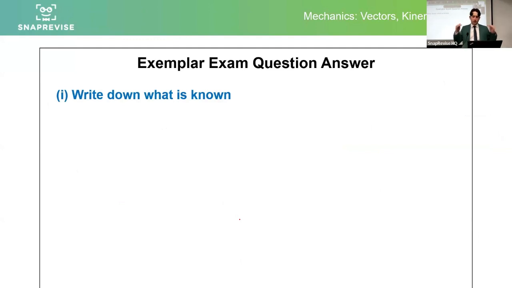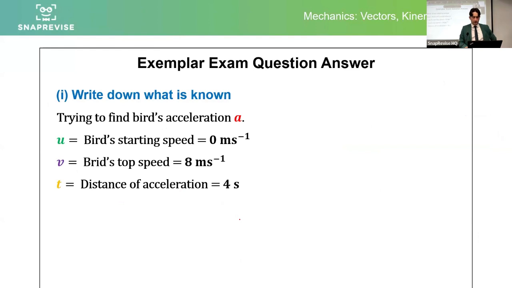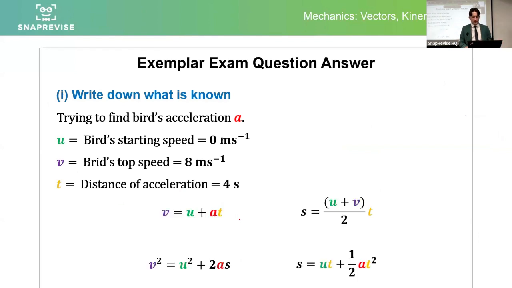And this is a really good approach that you might want to make a note of, highlight, and just clarify. So if we're trying to find the bird's acceleration for the first part, we know the bird's starting speed, u, is 0. We know the top speed is 8 over a time period of 4, and we're looking for a.